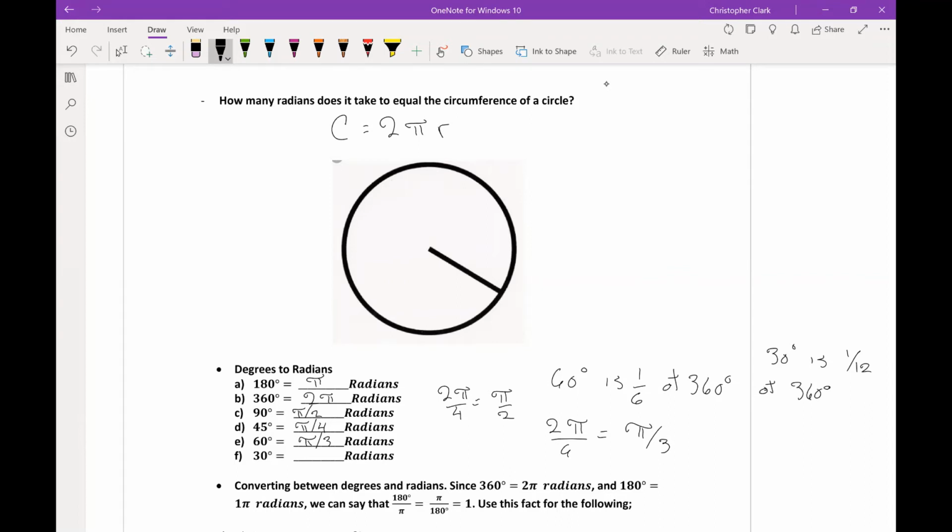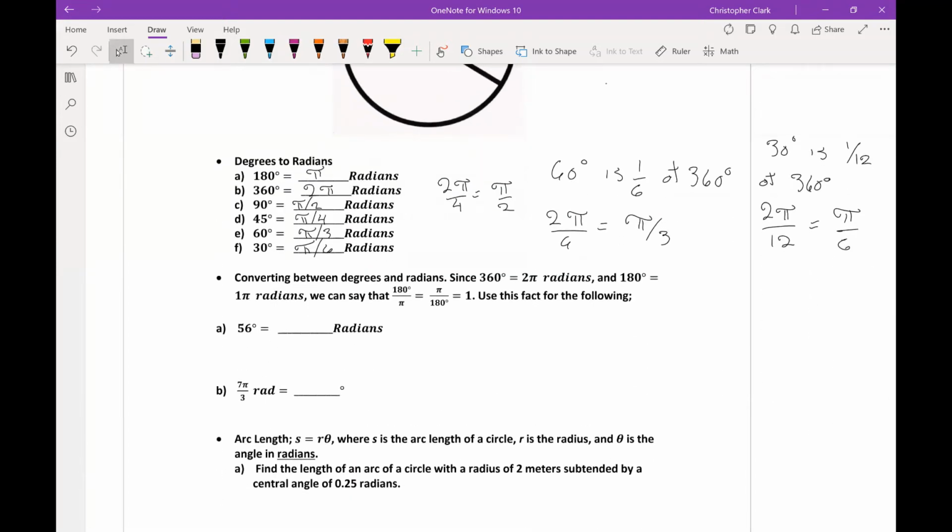So what we can do is 2 pi divided by 12 is equal to pi over 6. So in this case, we have this nice little conversion where 180 degrees is equal to pi, or 180 degrees divided by pi is equal to 1.